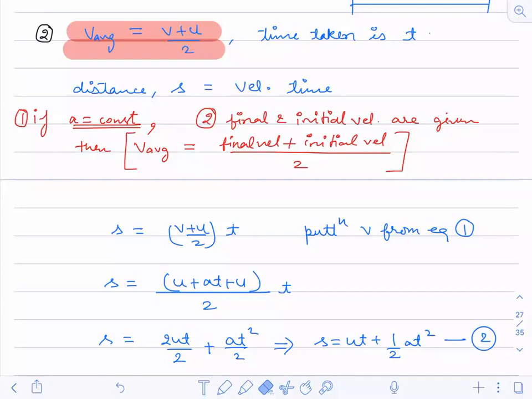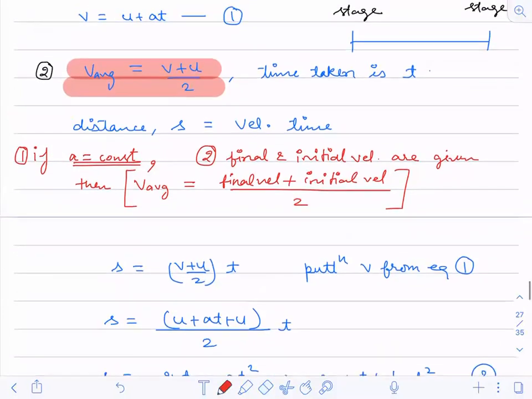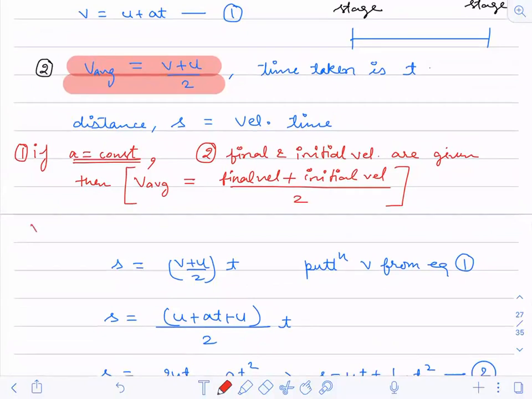So if the average velocity is V plus U by 2, what is the distance now? How will you calculate the distance traveled? What is average velocity? Is it total distance divided by total time?